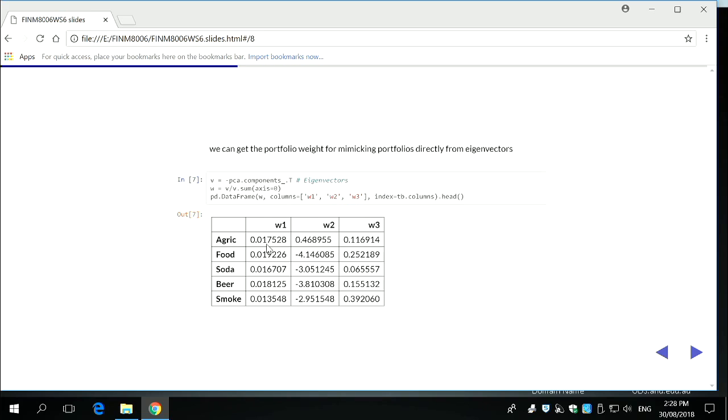All right, so if you look at this, for example, for the first factor, you notice this is almost like equally weighted. Right? Remember, we have industry portfolios. So you put less than 2% in each of the industries. Remember we have 49 industries, so it's about 50.